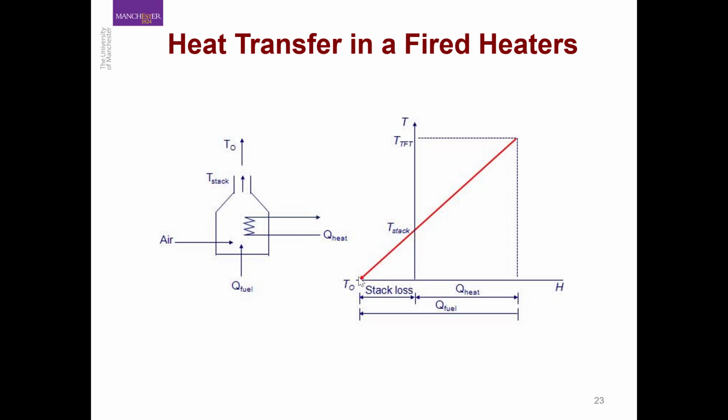After the stack temperature, the flue gas enters the stack, and then we release it to the ambient atmosphere. So here you have two kinds of heat. One is Q fuel, the heat generated by the burning of fuel in the furnace. And then you have the heat Q heat, that is the QH min of your process. Then you have this stack loss from this point to this point here.